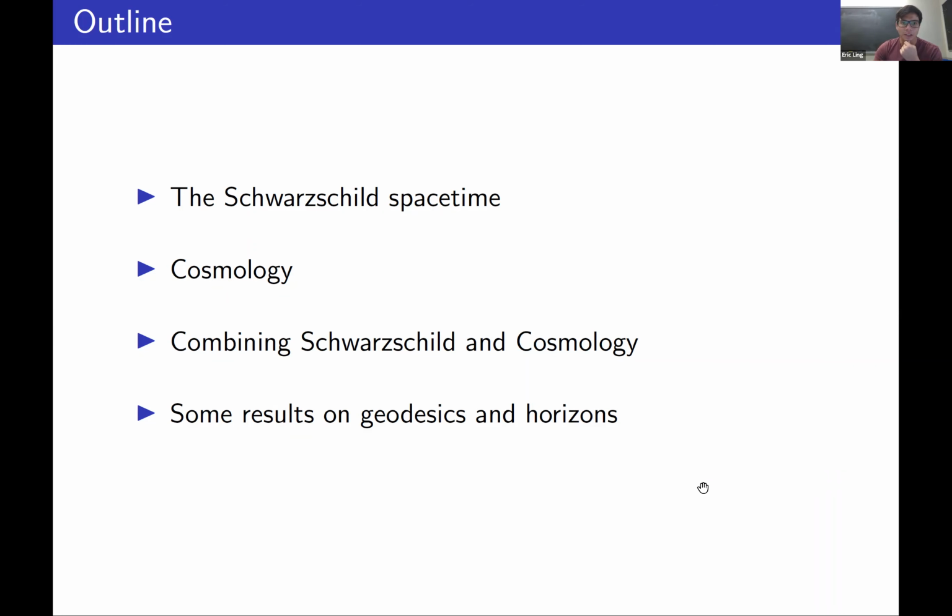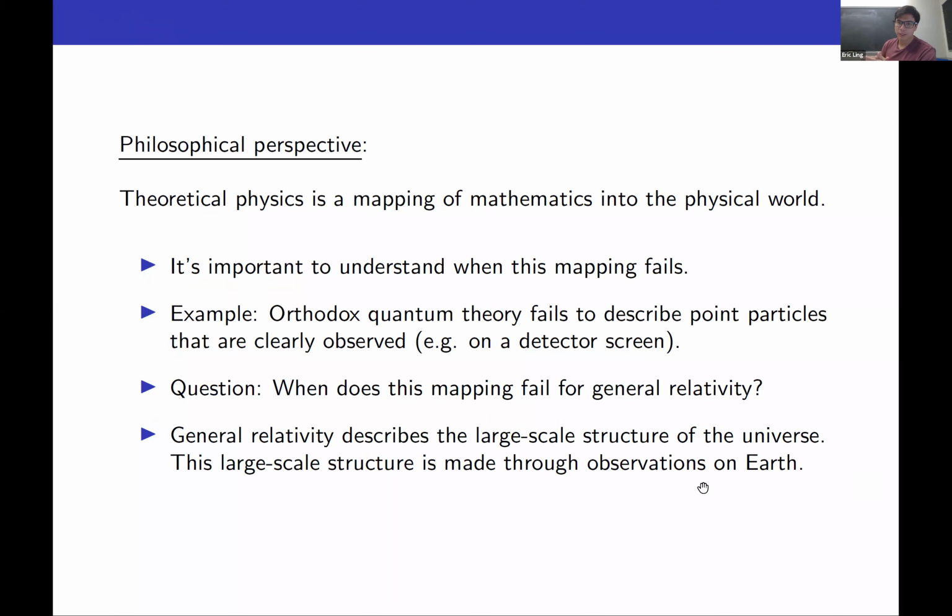Before I do that, there's a certain philosophical perspective that I have, which is that theoretical physics is really a mapping of mathematics into the physical world. If you want to describe some type of physics, we have some mathematics that's able to predict what we observe in experiments or observations. It's important to understand, I believe, when this mapping fails.